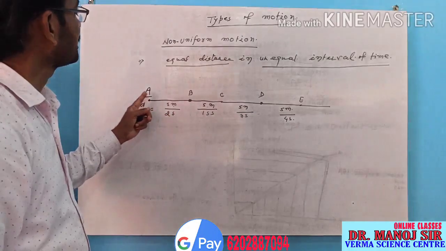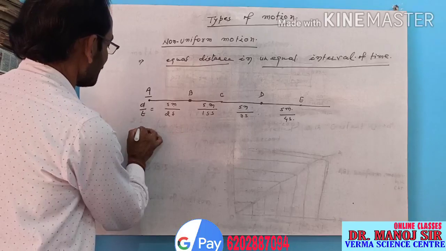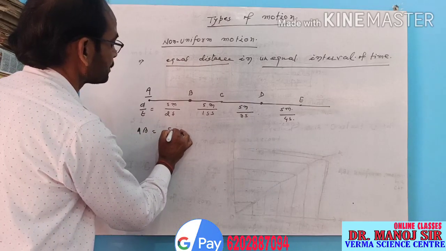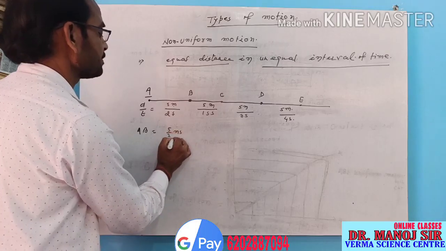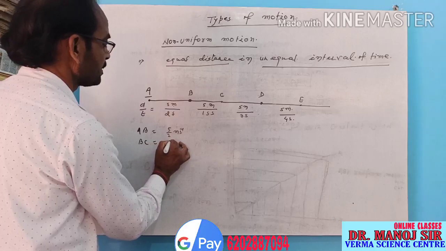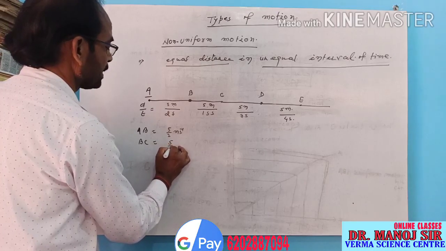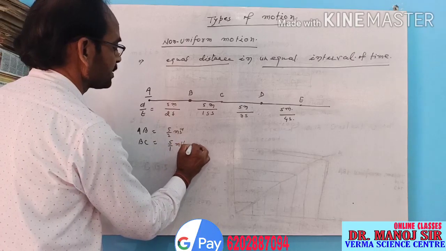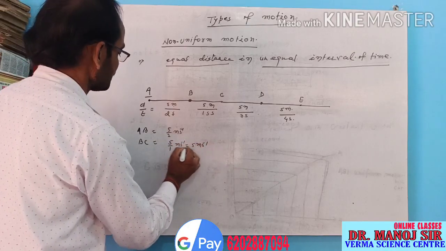At first, A to B: AB equals 5 by 2 meter per second. B to C: 5 by 1, that is 5 meter per second.